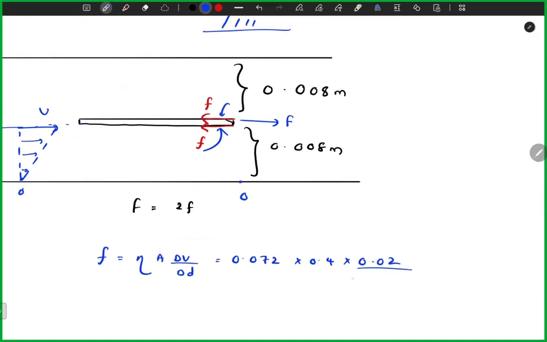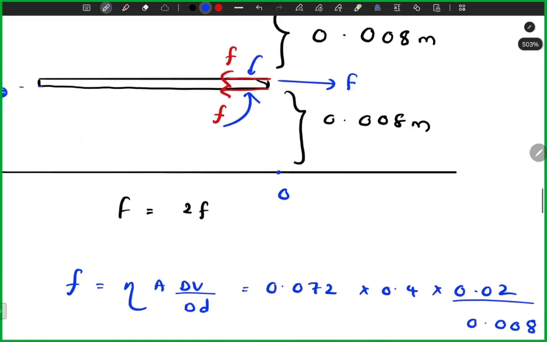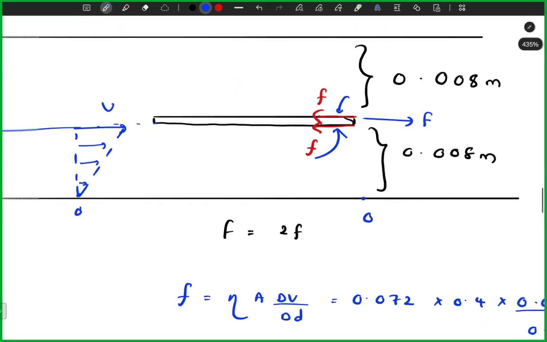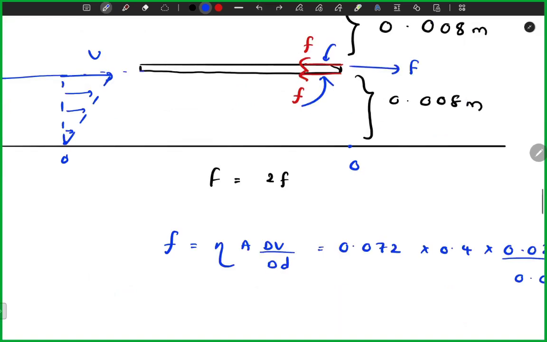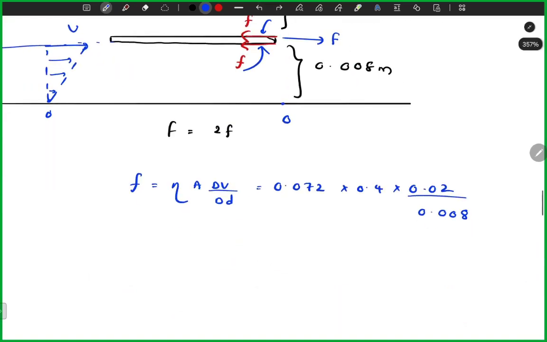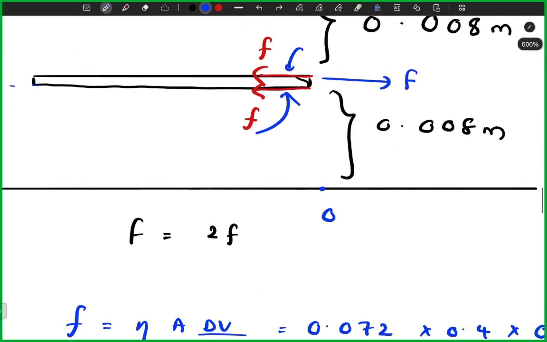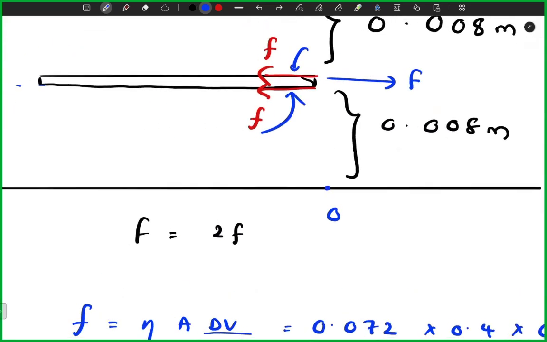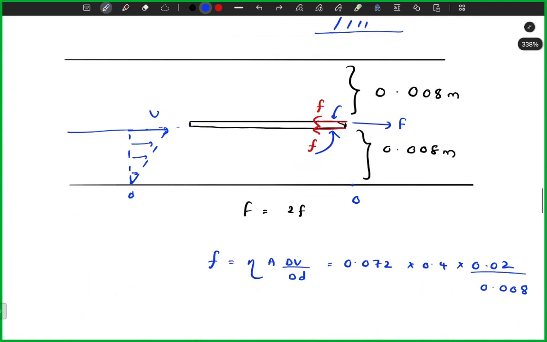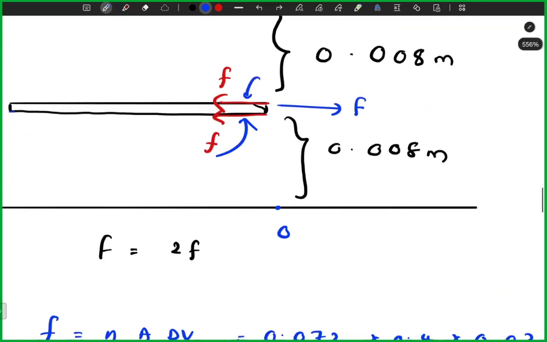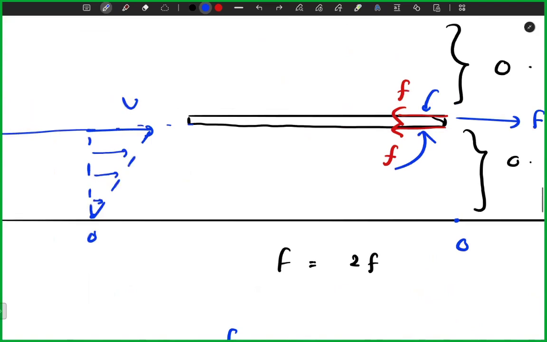What's the gap? 0.008. We're talking about this gap, right? That's where the problem is. Always be aware of what you're drawing, what the depth is, right? I hope everybody understood why we're taking 0.008, because the velocity distribution happens across a depth of 0.008, right?